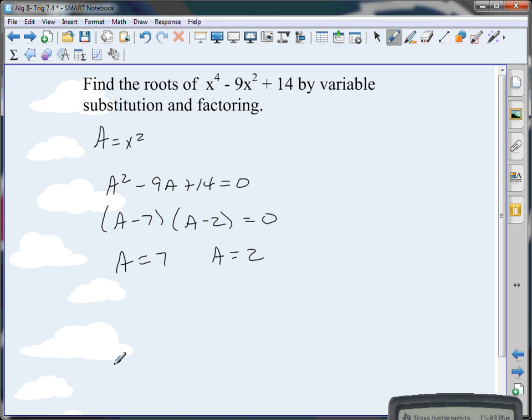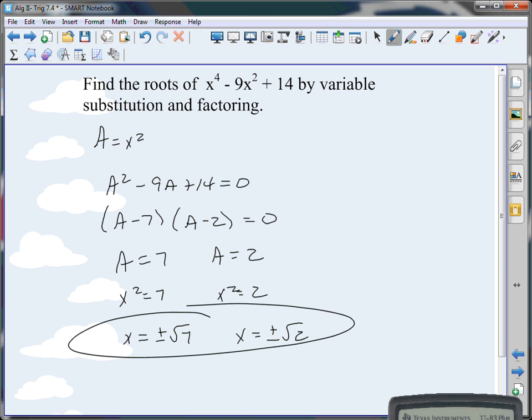With substitution, x squared equals 7, x squared equals 2. Take the square root. X is plus or minus square root of 7. X is plus or minus square root of 2. Those are my 4 zeros. The calculator would not help me at all in the table because all of these are decimals. Yes? Yeah, if you don't know the square root of 7, you leave it square root of 7.